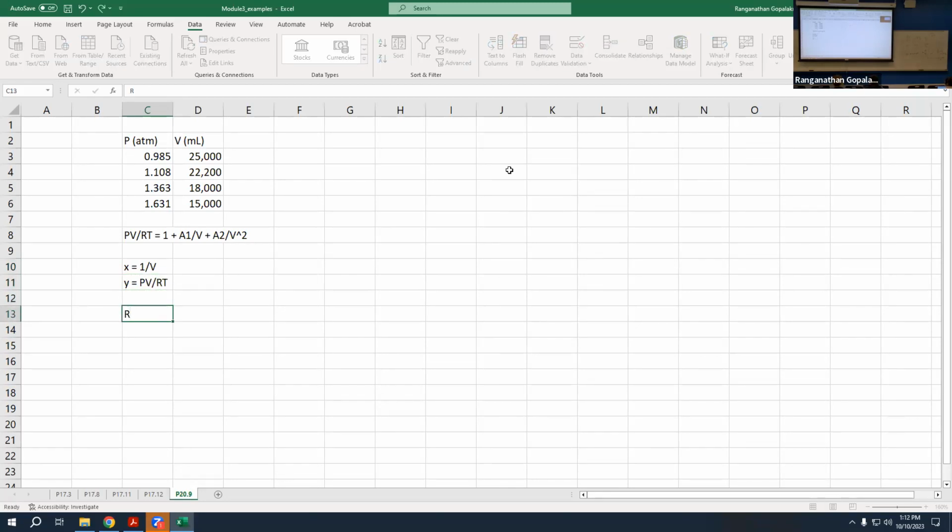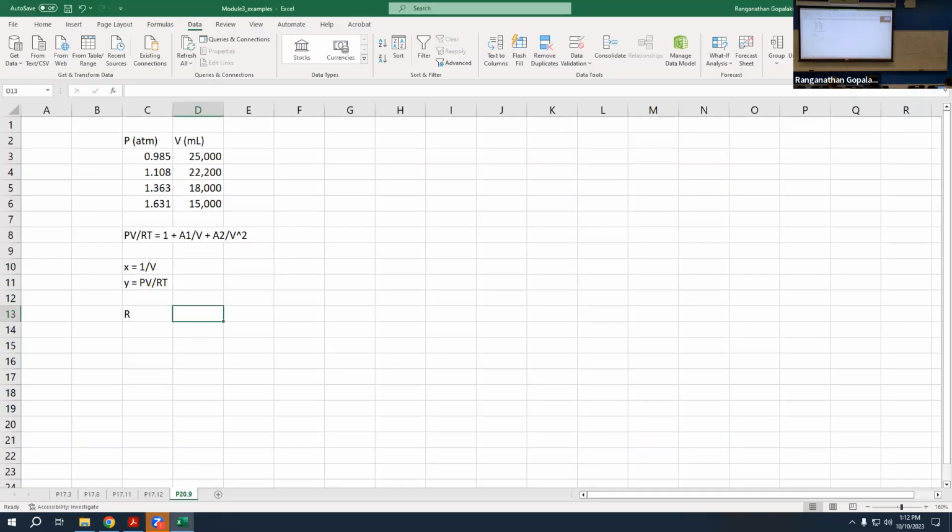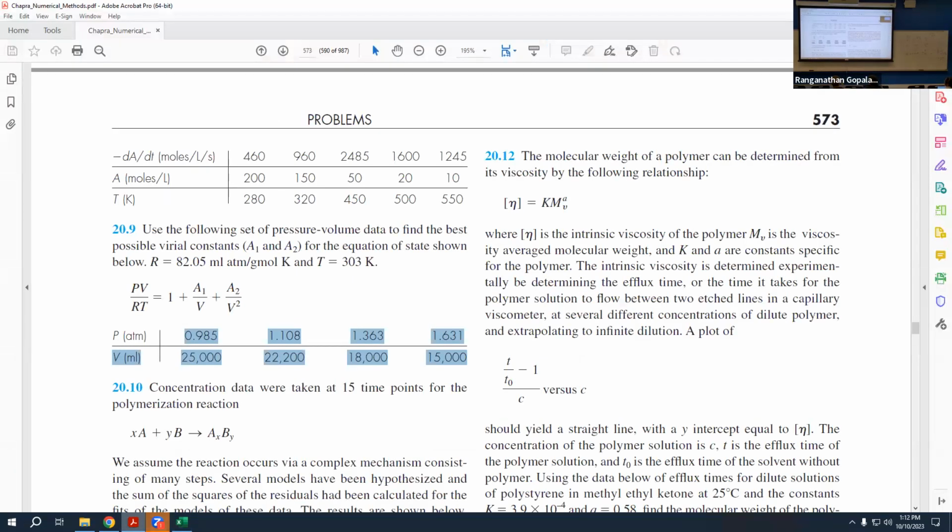So what is the value of R given to us? 82.05 milliliter atmosphere per gram mole. That looks hideous. 82.05 milliliters atmosphere per gram mole Kelvin.